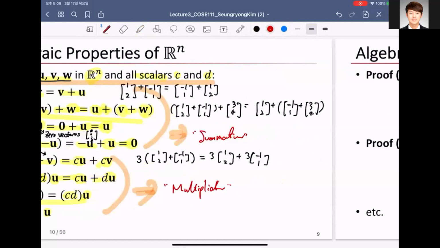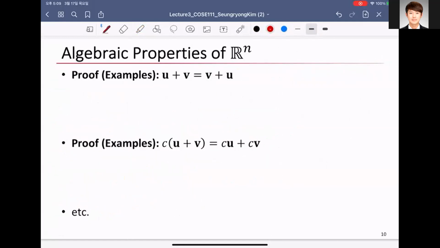How to prove? We already did this, but let's generally prove these properties. For example, we have a vector u in R^n space, u1, u2, un, and a vector v in R^n space as well, v1, v2, vn.